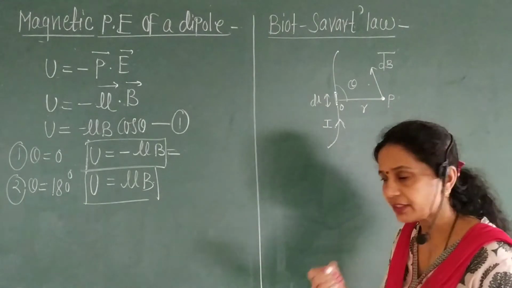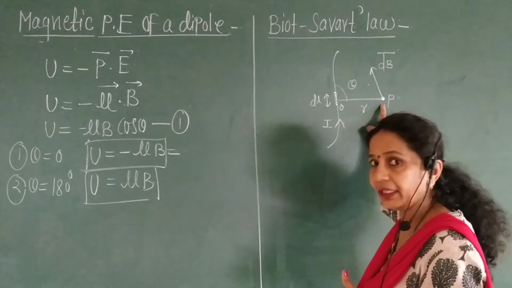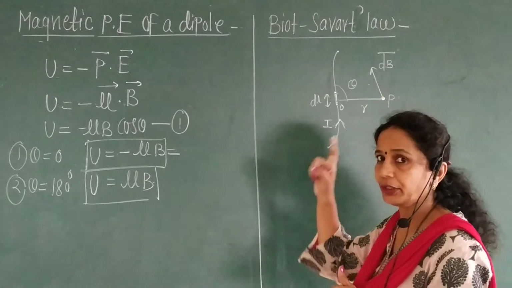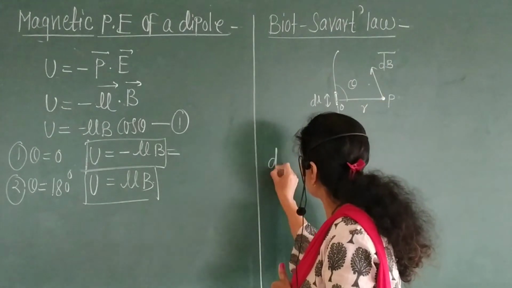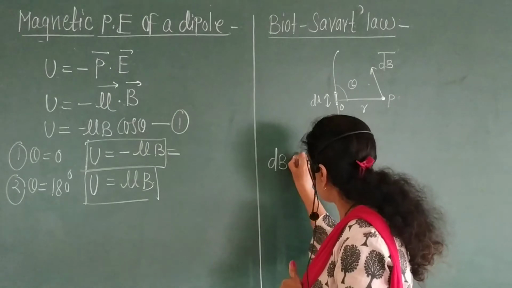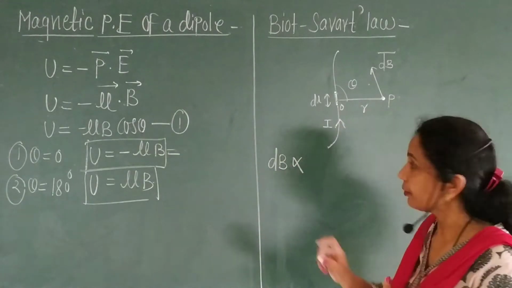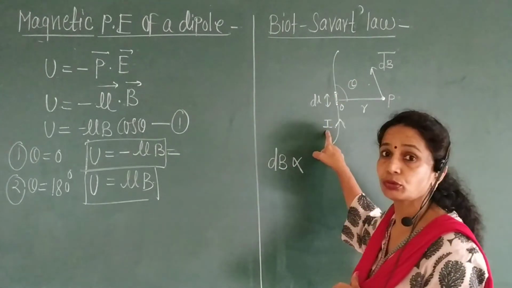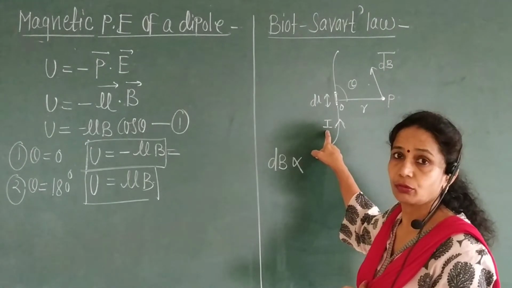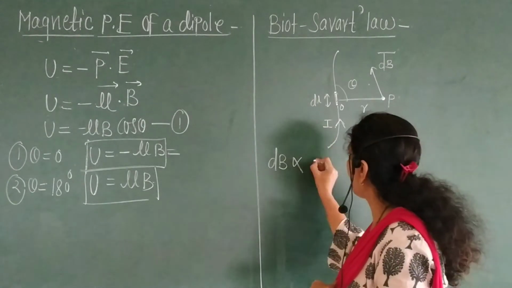Biot-Savart law states that the magnetic field at point P, dB, is directly proportional to the current flowing through the coil. What is the current flowing through the coil?